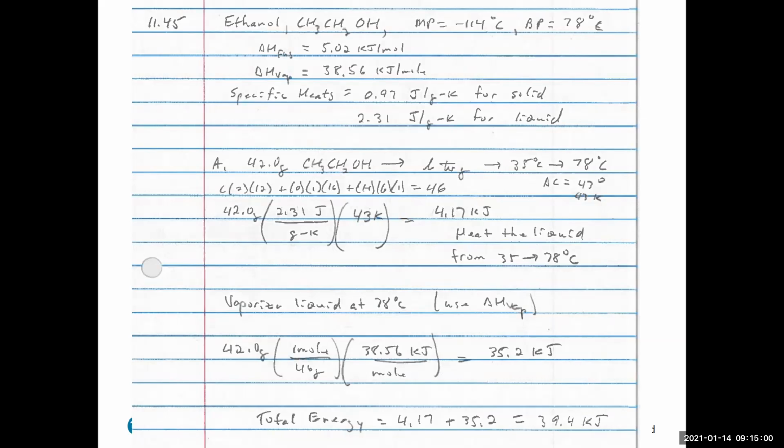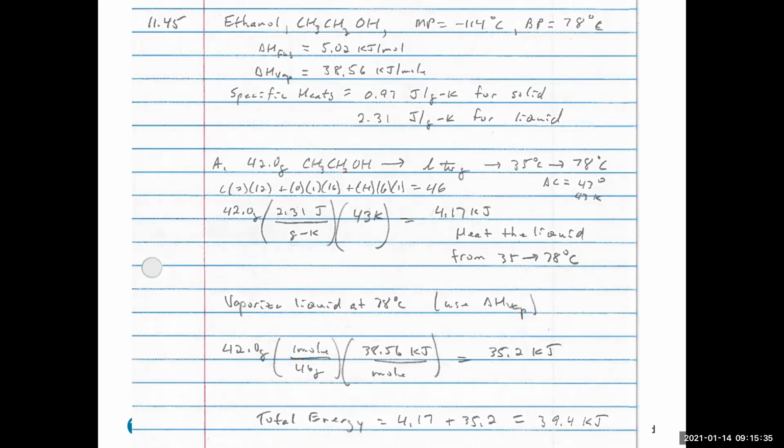Now, the next one is we're at that 78 degrees, and we said we got to get everything to that temperature before we start vaporizing. So now we're going to do that calculation there. Here, we vaporize that liquid at 78 degrees. We use our other constant, our delta H of vaporization. So we have 42 grams. We need to change that into moles because our constant is kilojoules per mole. So we're going to use our molecular weight that we've calculated.